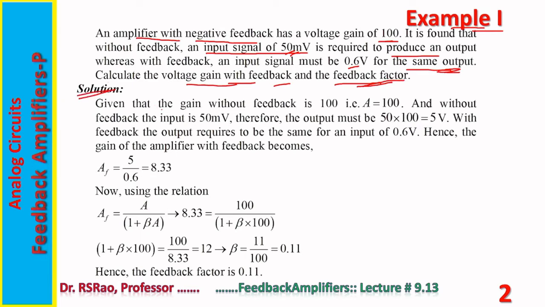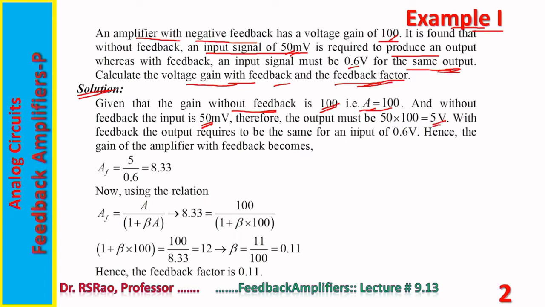Solution. Given that gain without feedback is 100. So A is 100, and without feedback the input required to produce the necessary output is 50 millivolts. So without feedback, output is gain multiplied by input. Therefore, it is 50 into 100 equal to 5 volts.